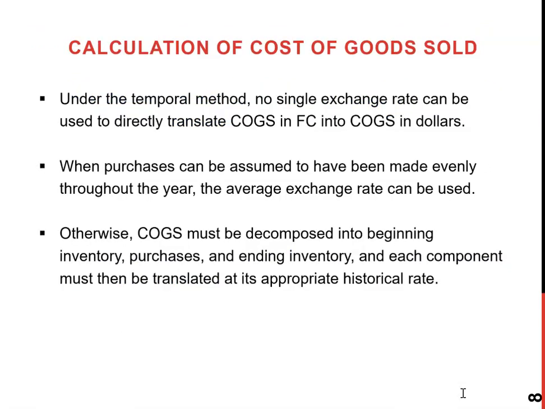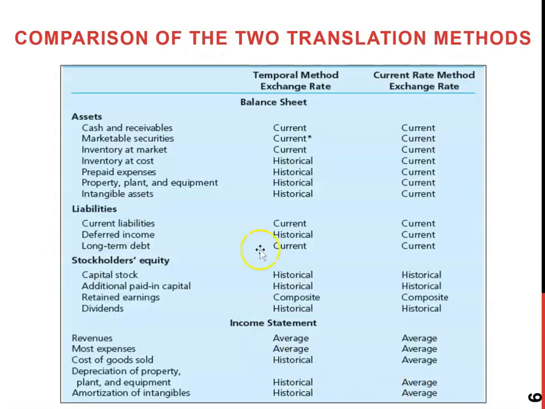So this is how retained earnings will work. Now, for cost of goods sold: if you purchased all goods at the same time, then you can easily figure out the cost of goods sold. And if you remember from our prior chart, for cost of goods sold, the current rate method uses the average rate, but for the temporal method we use the historical rate.